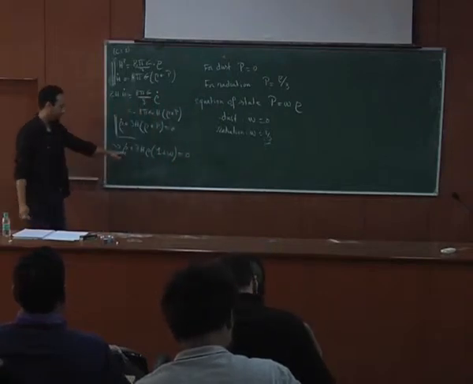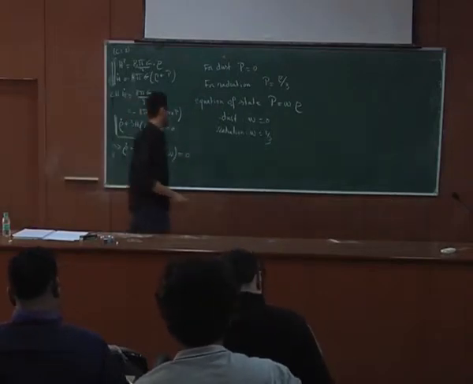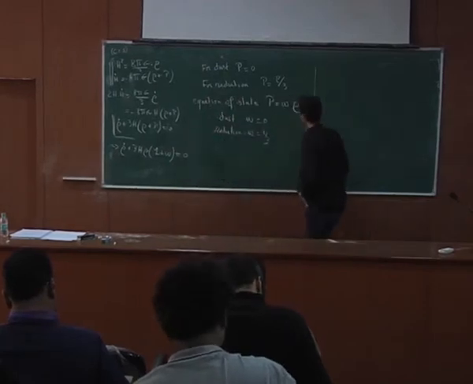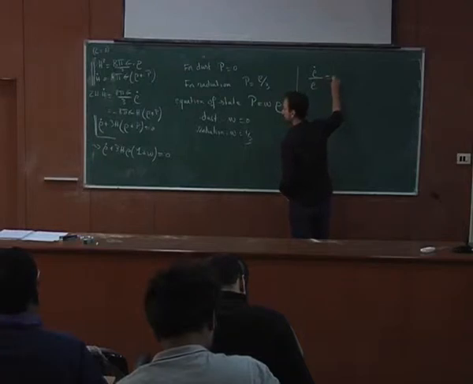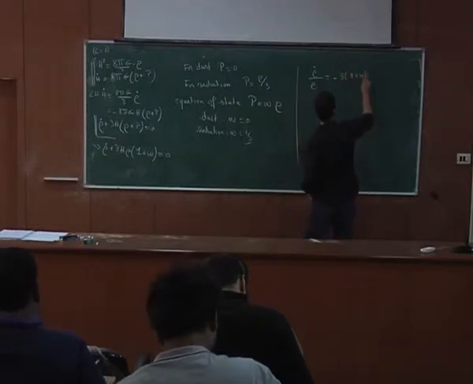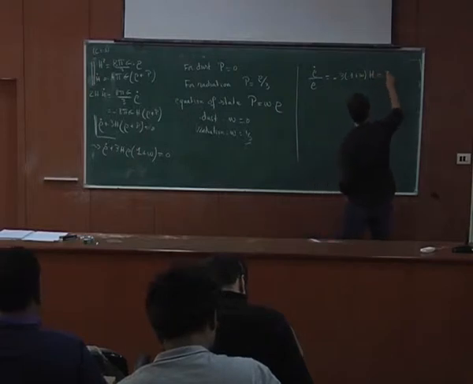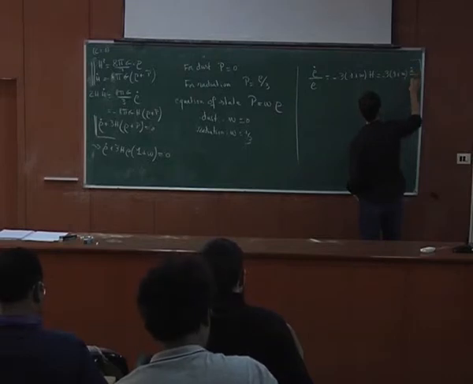Now this equation can be solved easily. Rho dot divided by the density is equal to minus 3(1 plus W)h, and h, remember, is just a dot over a.